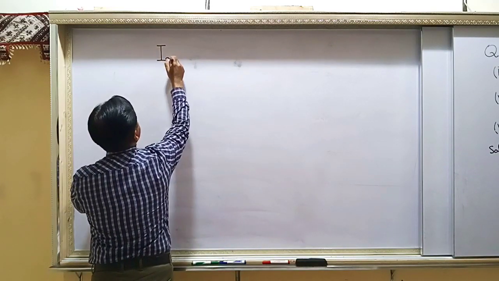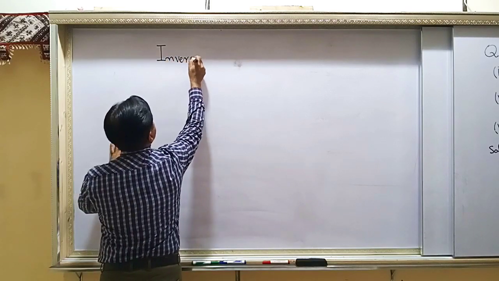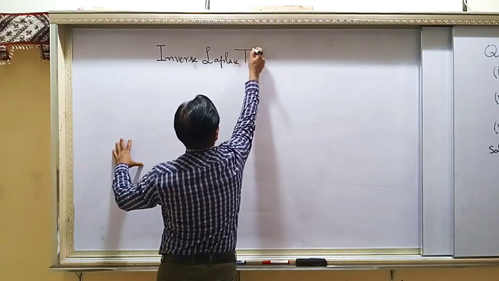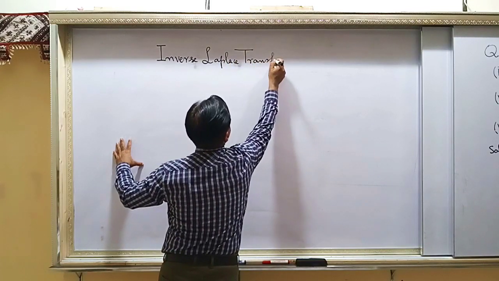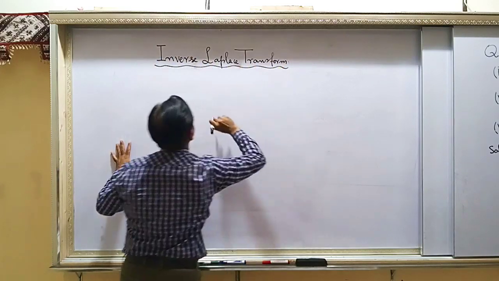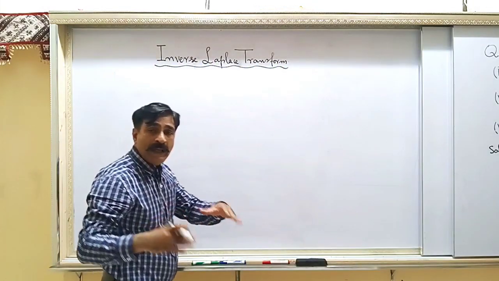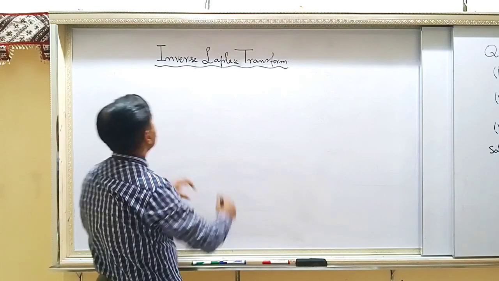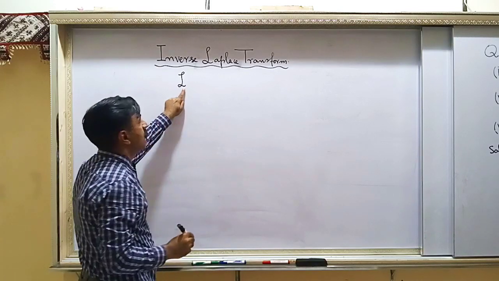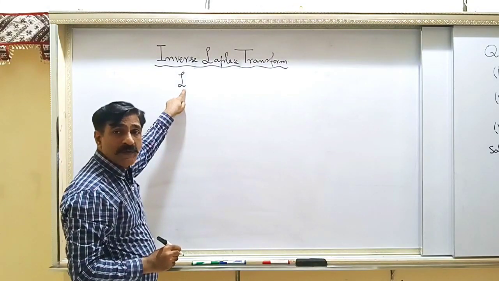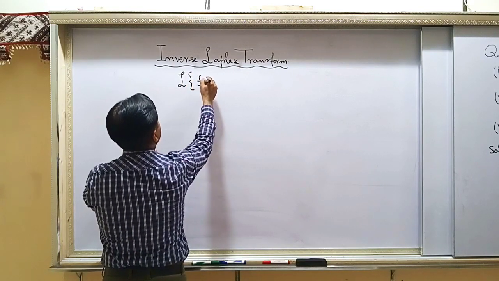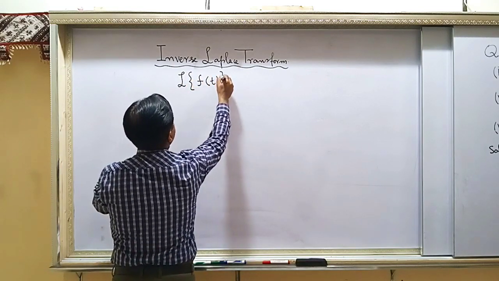So here goes your heading for it: inverse Laplace transform. And let's start from the Laplace transform, which we know already. We know that this is an integral operator known as the Laplace transform operator when it acts on some function like f of t.